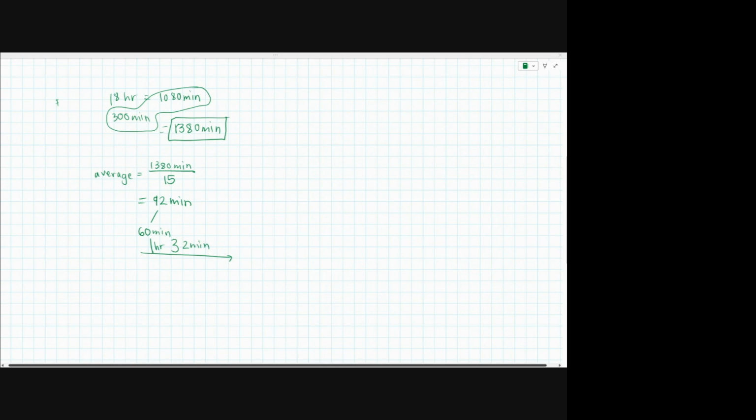Let's see. 18 divided by 15 gives average hours of 1.2. 300 minutes divided by 15 gives you 20.2, so if we take 0.2 and times it by 60 to convert that to minutes, it's 12 minutes.